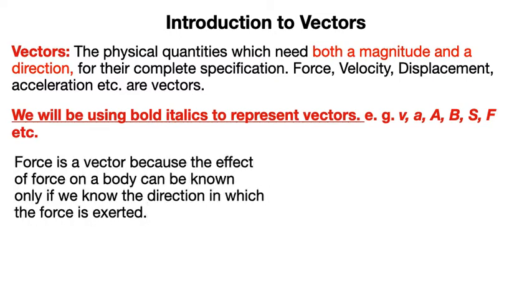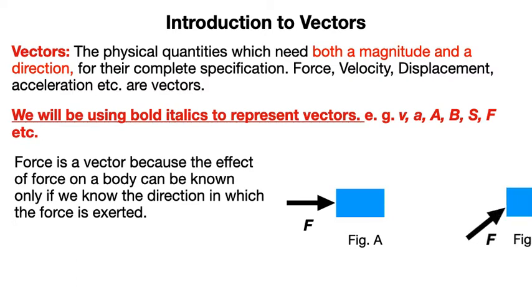Force is a vector because the effect of force on a body can be known only if the direction in which the force is exerted is known. You can take an example. Here we have a block subjected to a force F along horizontal. The force will affect the block. Alternately, we have the same block subjected to another force in a different direction.